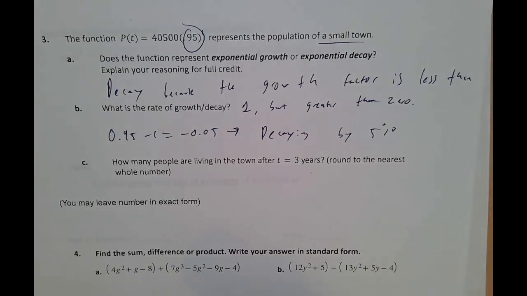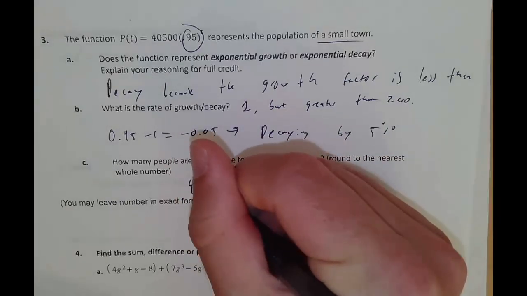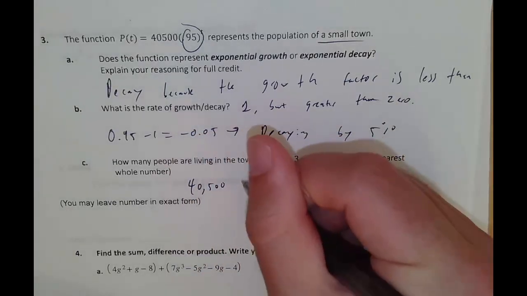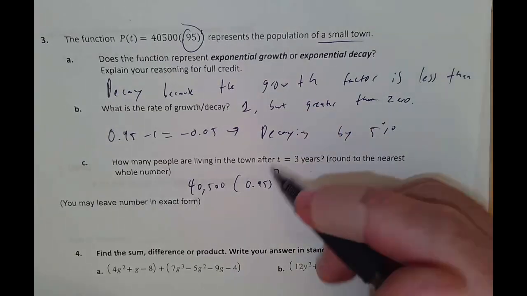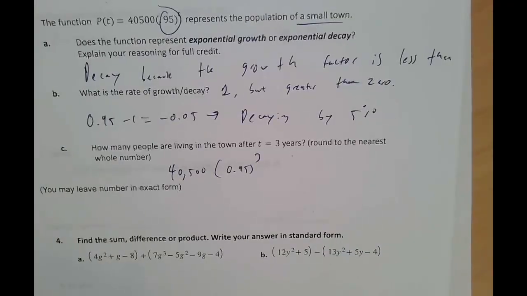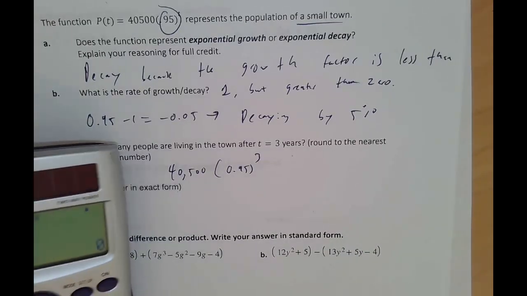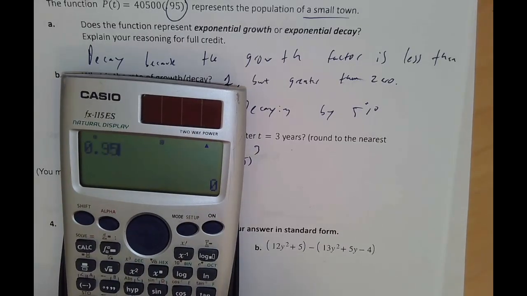How many people will be living in the town after 3 years? You can just write this 40,500 times 0.95 to the power of 3. This you can do in your calculator. I'm okay with you leaving it in exact form as well. On your calculator, 0.95 times 0.95 times 0.95.